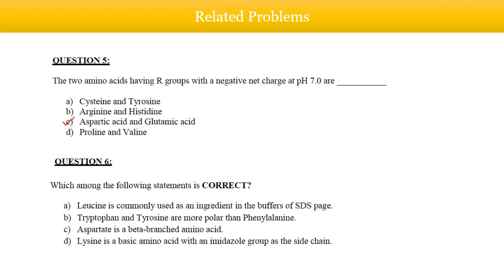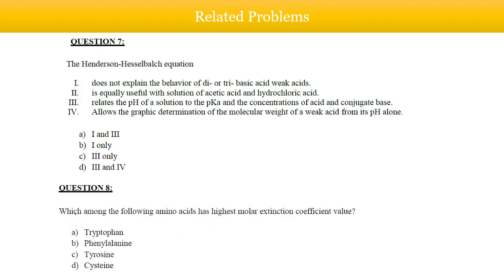Here the correct answer is B, because tryptophan contains an indole ring and tyrosine has a phenol group in the side chains, whereas phenylalanine has a benzene ring. So tryptophan and tyrosine are more polar than phenylalanine. So the right answer is B.